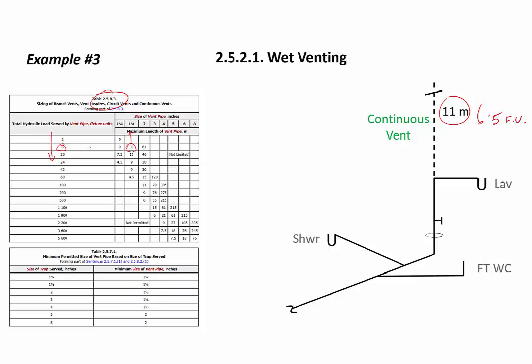So the table is asking for 1.5". The largest trap served here is the 3" water closet, and table 2571 requires 1.5" as well. So 1.5" would satisfy both tables and would satisfy this installation as well.